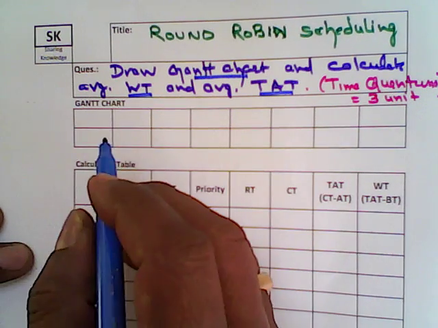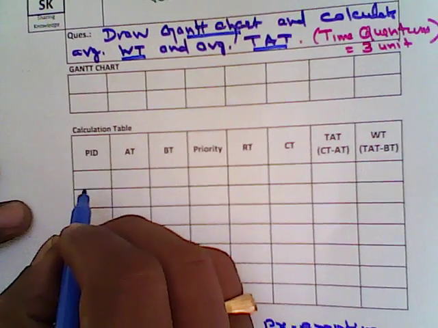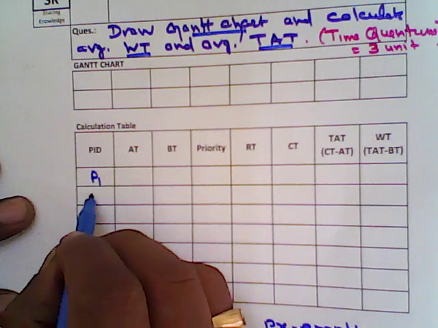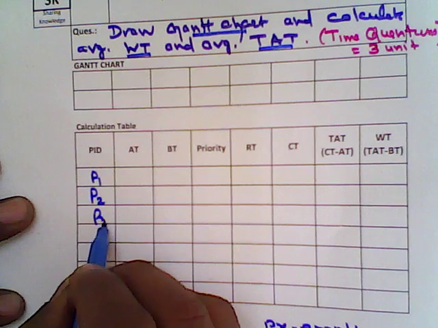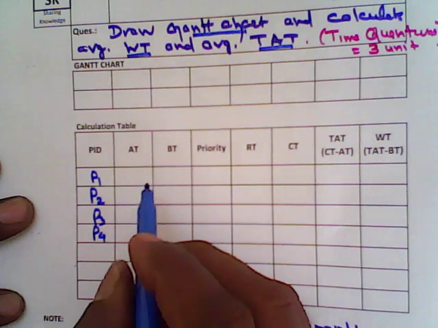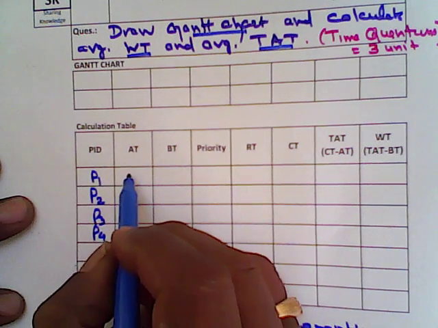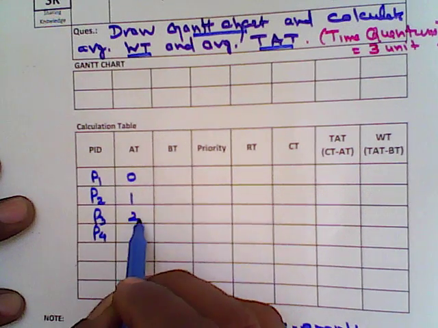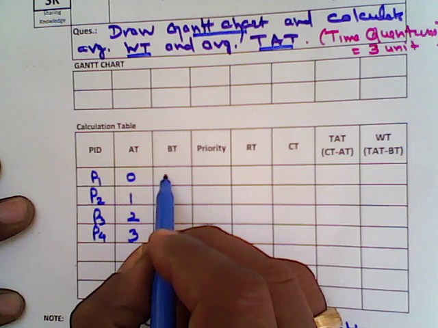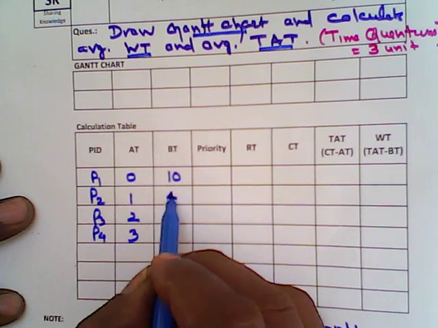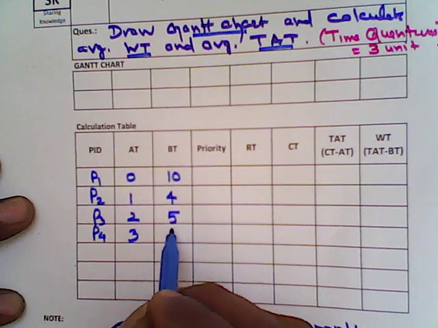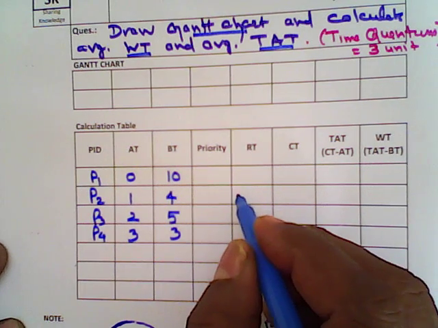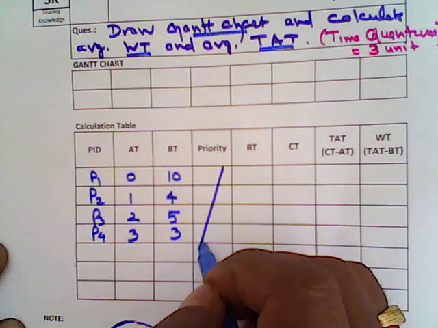Say we will take 4 processes, P1, P2, P3 and P4, with arrival times 0, 1, 2, 3 and burst times 10, 4, 5 and 3. Just like in FCFS, we don't have a priority here, so I cancel it off.